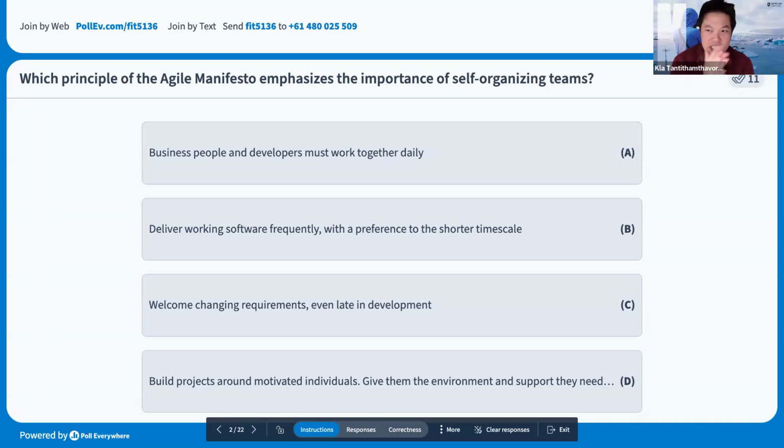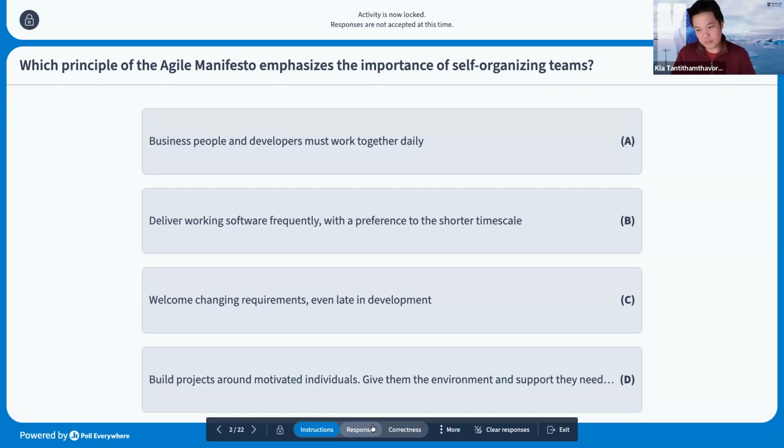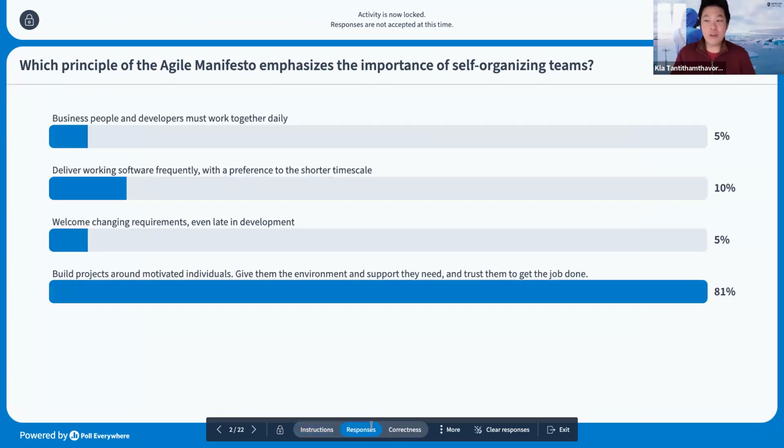Okay, I think I got the answer. Pretty clear. Let's see the response, everyone. Should we choose D? Okay, the option D. Beautiful. Excellent. Well done, everyone. 81%.